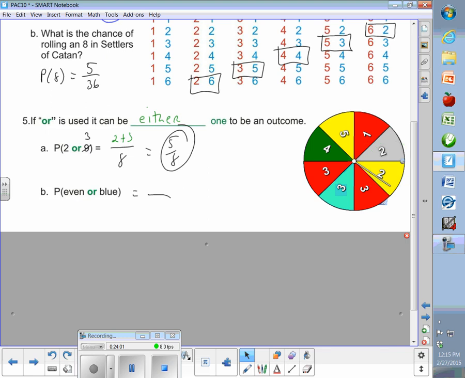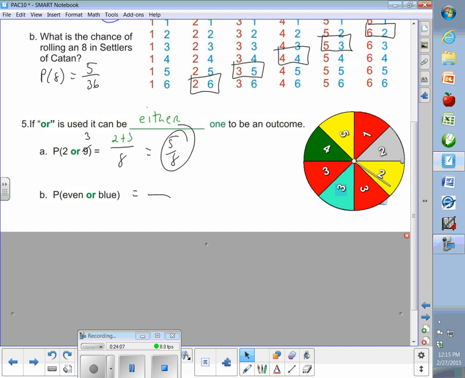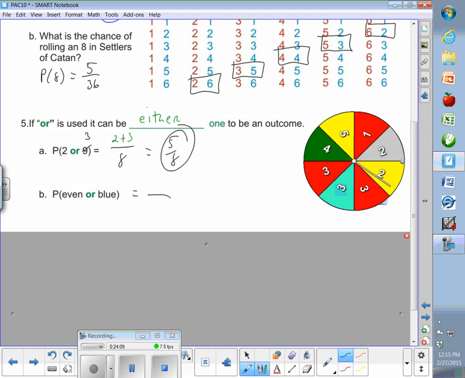Even or blue. All right, hopefully you say there are 1, 2, 3 evens, right? And I'll keep doing it this way. There are 3 evens, and there is 1 blue, and there are a total of 8, so it would be 4 8ths or 1/2, right?